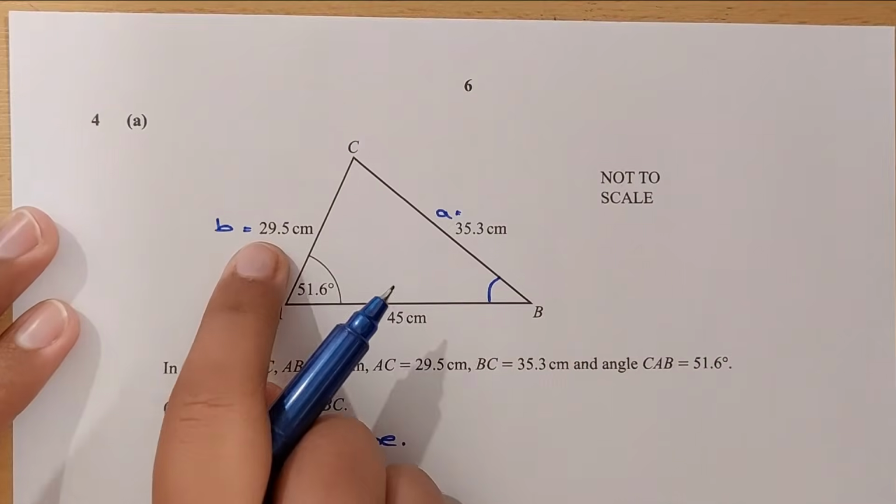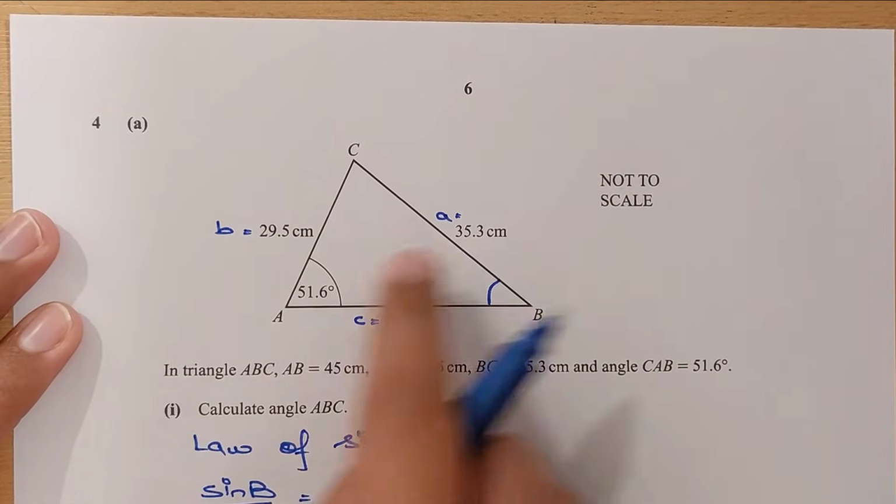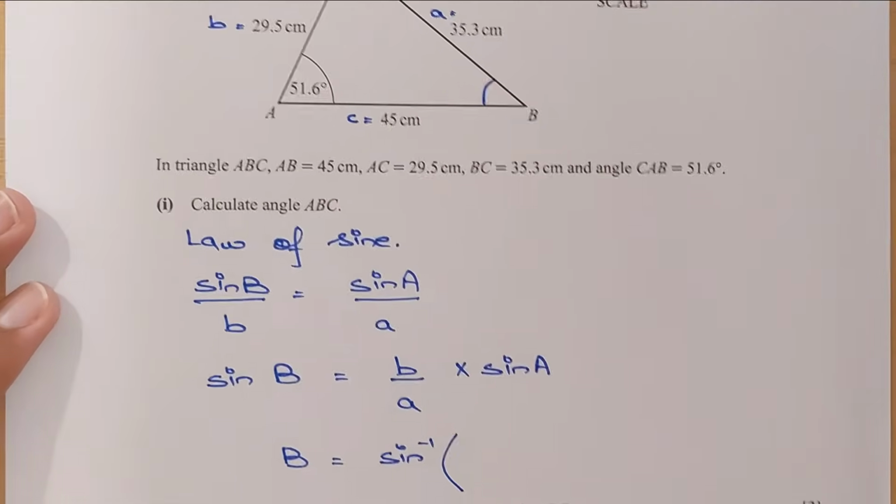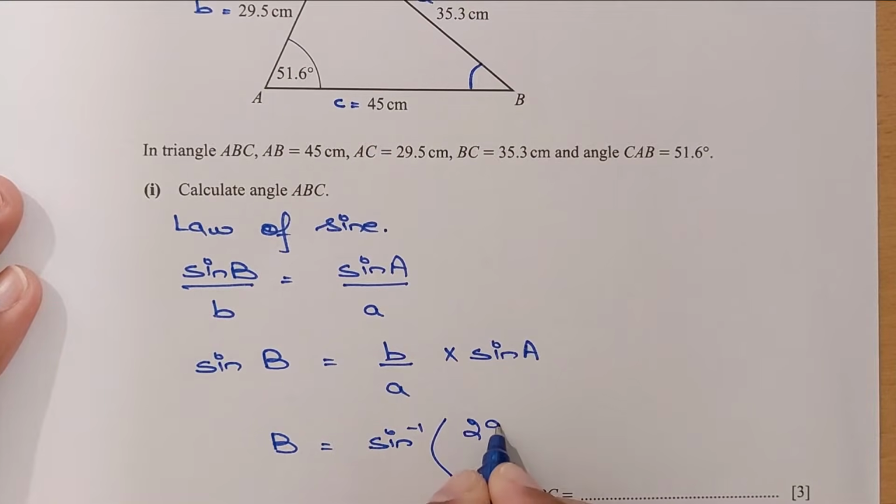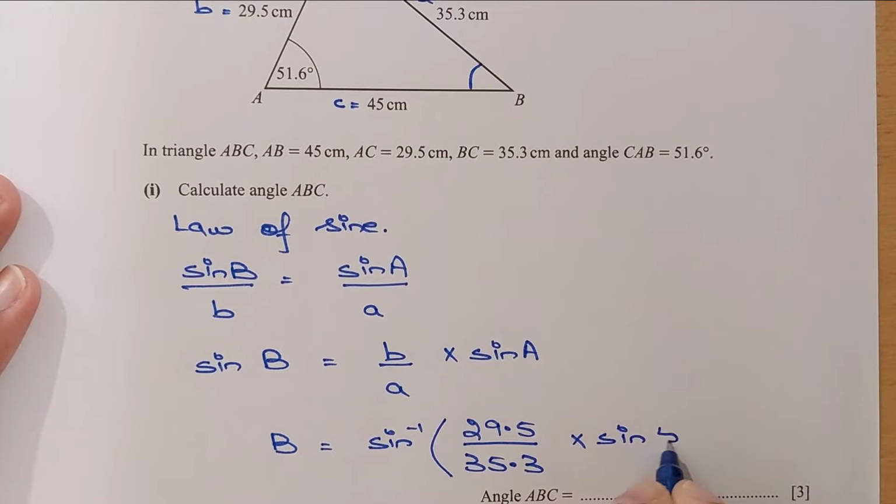The B value is 29.5 and the A is 35.3. So 29.5 divided by 35.3 times sine of angle A, that is 51.6 degrees.